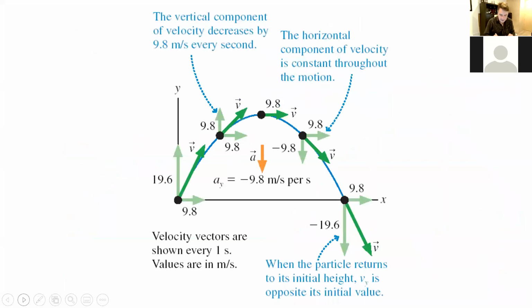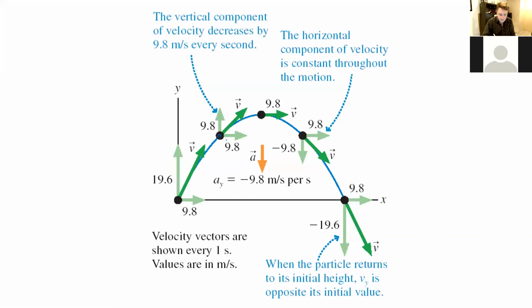So what it looks like is this. Let's say, just to put some numbers on it, if you start your projectile with some upward component of 19.6 meters per second and a sideways component of 9.8 meters per second, we just chose those numbers, then every second, the y component will decrease by 9.8 meters per second.